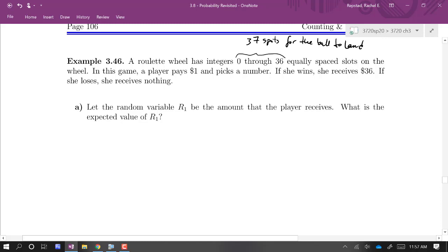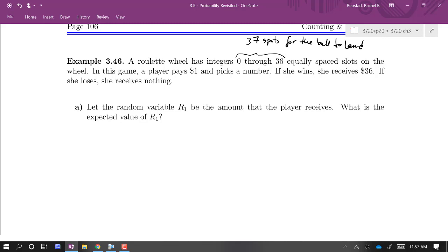You place a bet based on where you think the ball might land. They're equally spaced slots, so that means that there's an equal chance that the ball will fall on any particular location. So in this game, the player pays $1 and picks a number. If she wins, she'll get $36, and if she loses, she gets nothing.